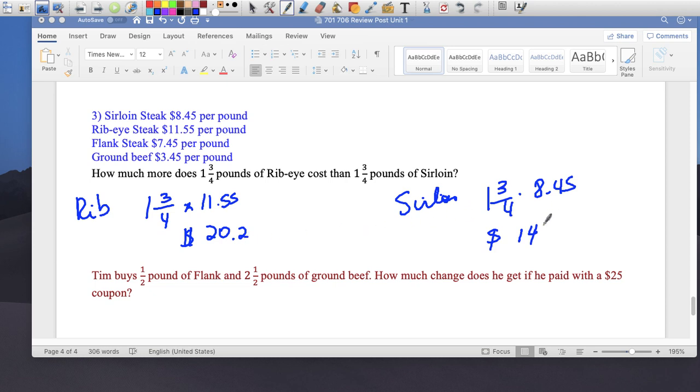Okay. The sirloin, okay, $14.79. Which was more expensive? This guy is more expensive. By how much? Well, let's subtract. So 20.2 minus 14.8 is 5.41.